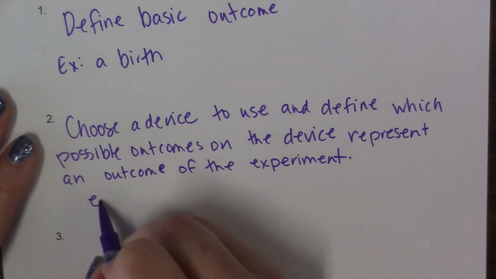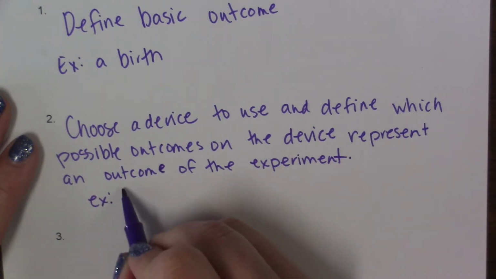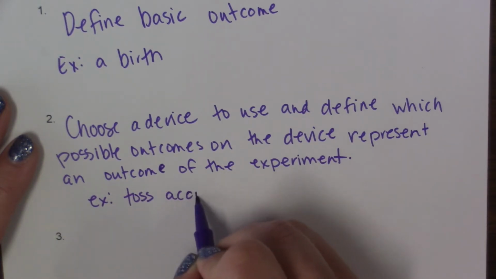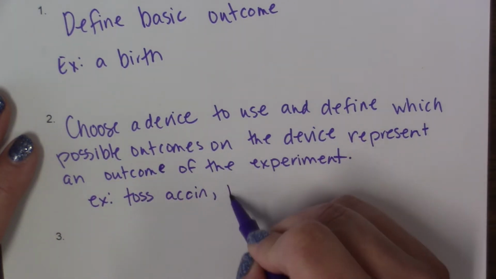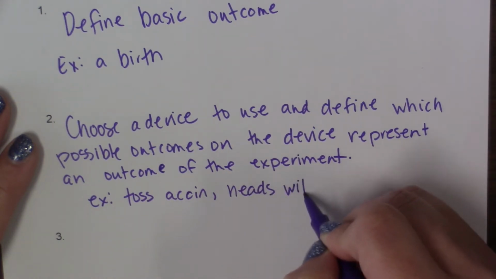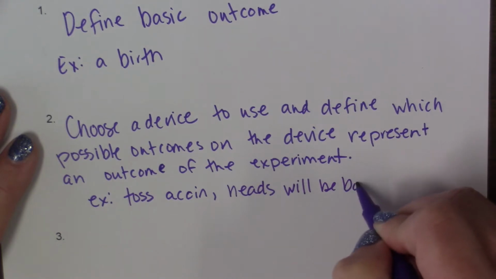So for example, we could say that we're going to toss a coin, and that if we get heads, it will be a boy.